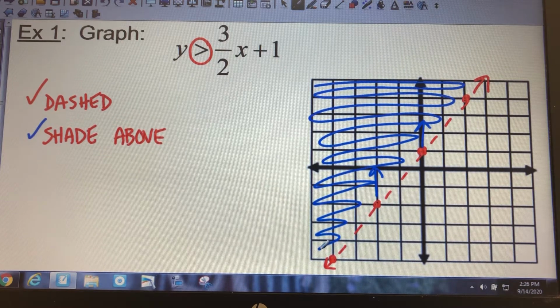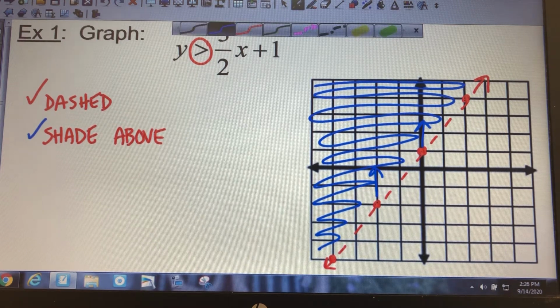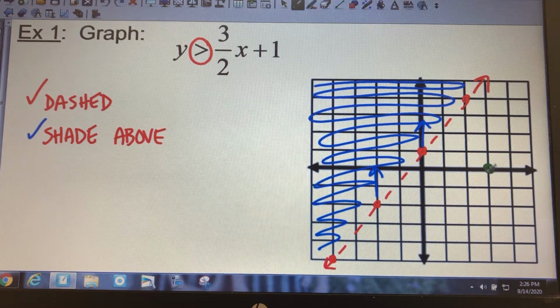Okay? Now you could also pick what we call a test point. For example, if we pick the point (3, 0), I would pick a point on one of the axes. That way one of the values is 0. So (3, 0), you can pick that as a test point and plug it in. Replace the x with 3, replace the y with 0.